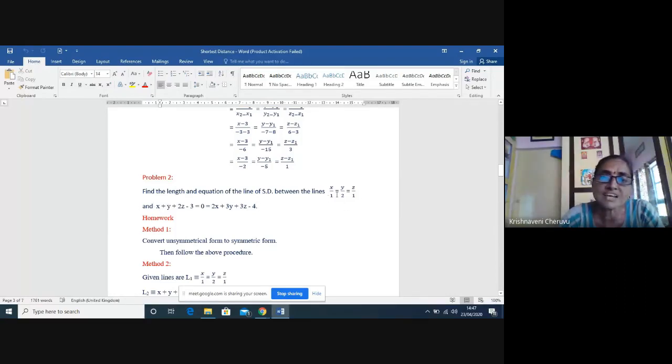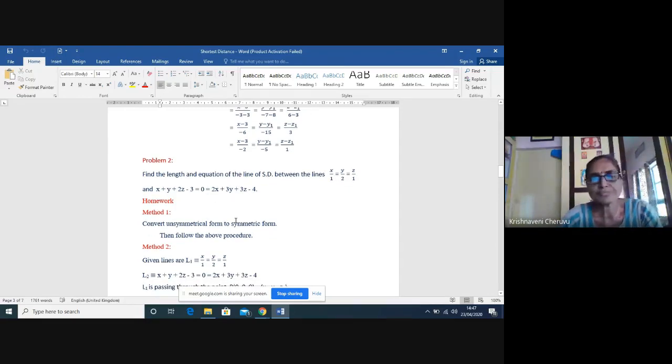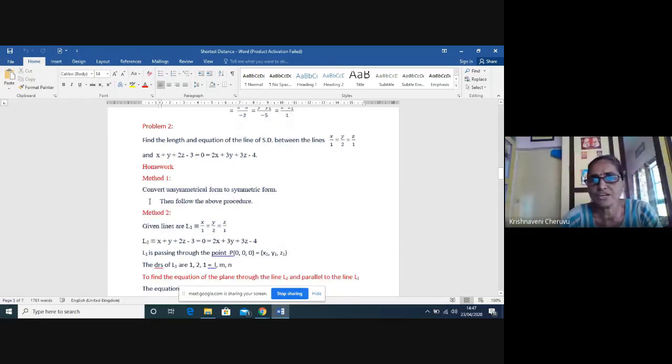When both the lines are in symmetric form, by the method which I explained in problem 1, you can find the shortest distance and the equation of the line of shortest distance. Let us solve the same problem using the other method. Method 1 is already explained: convert unsymmetric form to symmetric form, then follow the above procedure.